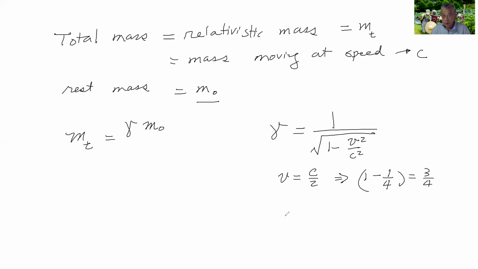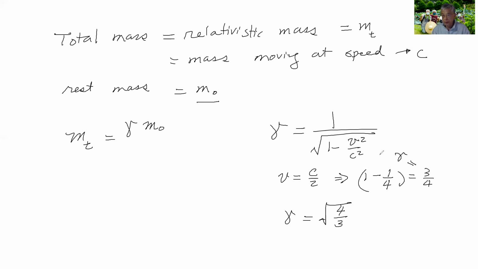So then gamma in this case, we're going to flip that, it's going to be 4 divided by 3 under the square root.